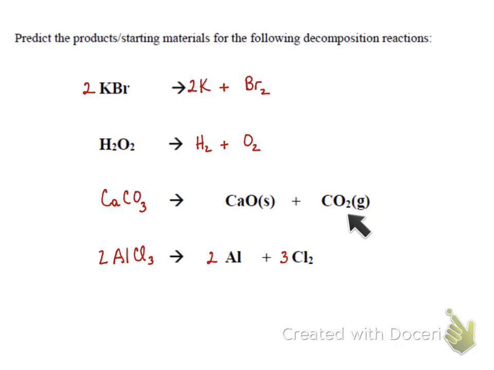So you're going to pull CO2 out, and then whatever is left over is going to make the rest of the products. Aluminum chloride is binary. It's going to form aluminum and chlorine, which is diatomic. And then don't forget to balance when you're done with the formulas.